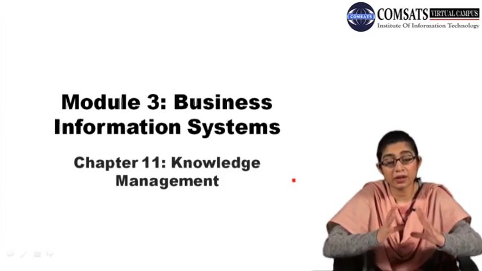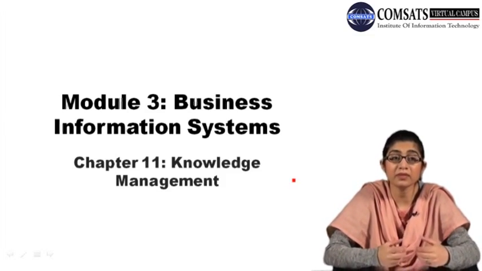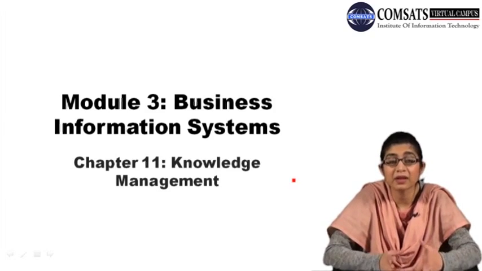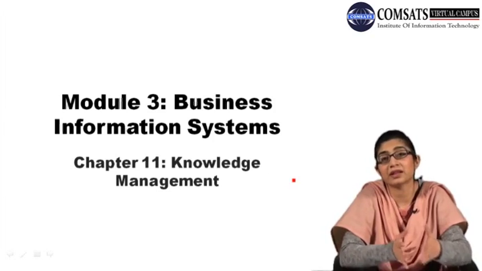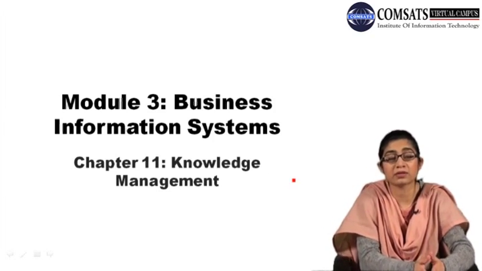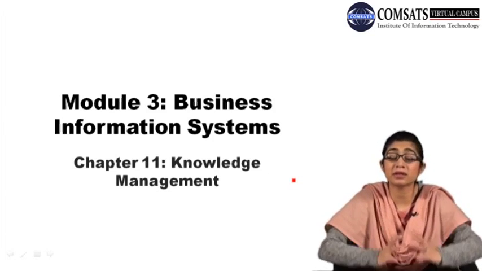We said that these DSS systems do not make decisions themselves, they are not that automated, but what they actually do is help the employee come to a certain decision.